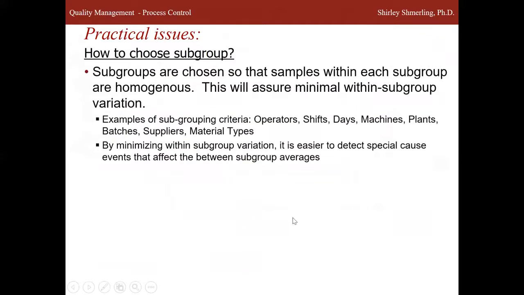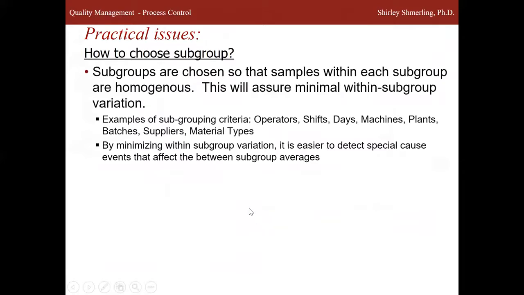One thing we need to think about is how to choose the subgroups. Those are the subgroups that are chosen so that the sample within each subgroup is going to be homogeneous. In the example we were looking at, samples of 5, the subgroup size was 5. We want to assure that there's minimal variation within the subgroup.